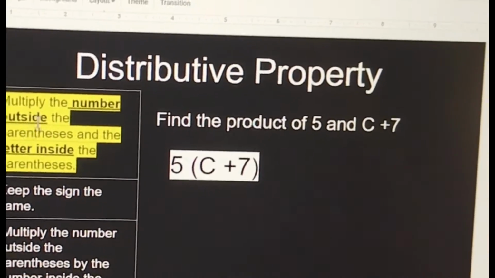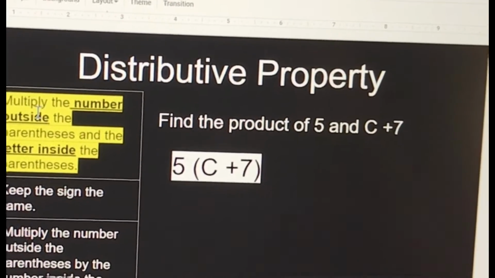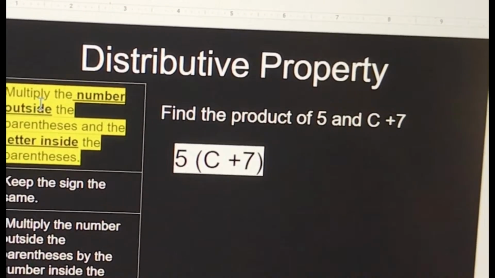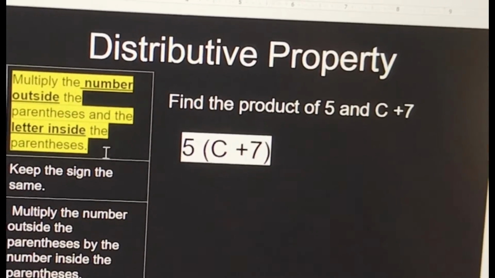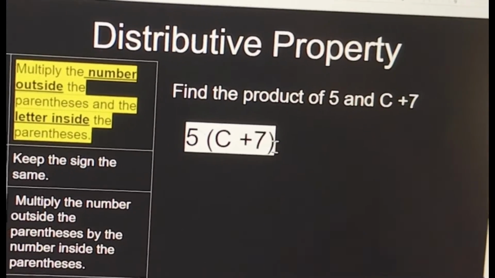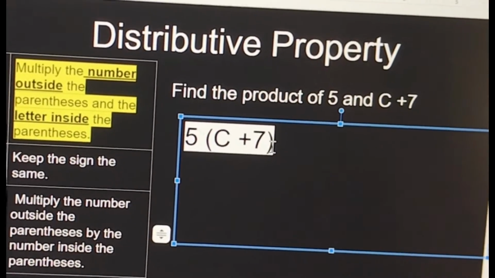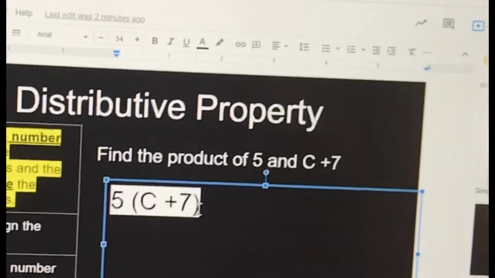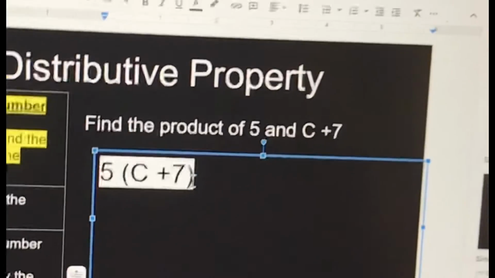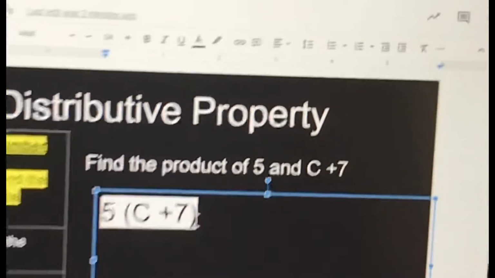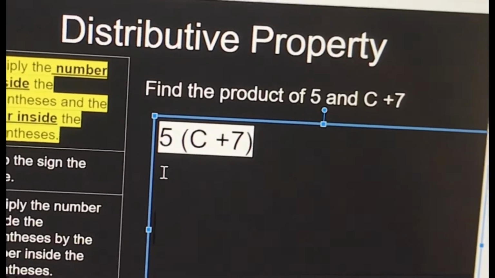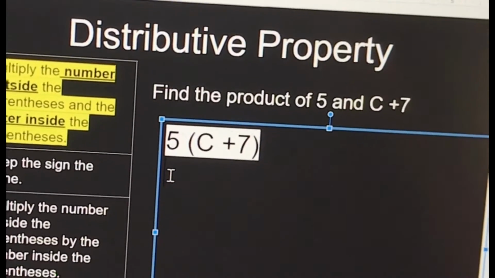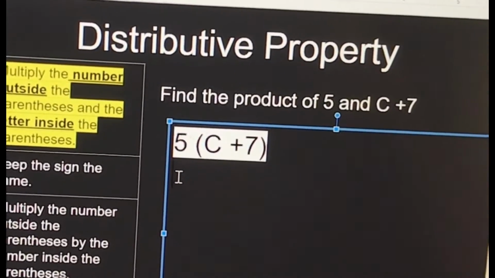So as I stated, the first step in solving a distributive property problem is to multiply the number outside the parentheses and the letter inside the parentheses. And I'm going to demonstrate that first step right now. So we need to multiply 5 times c.